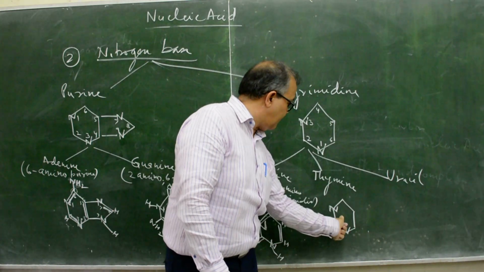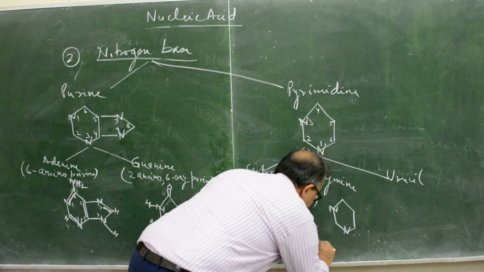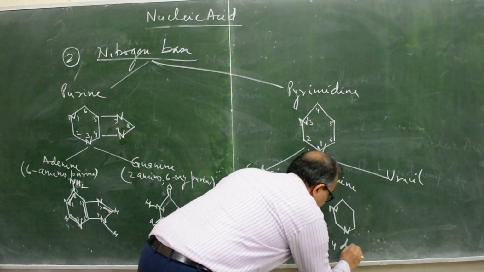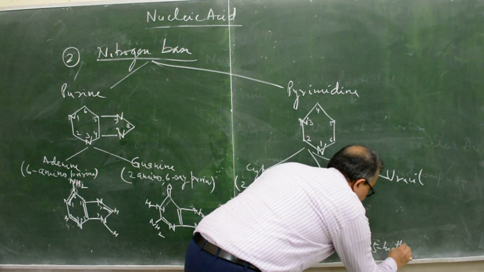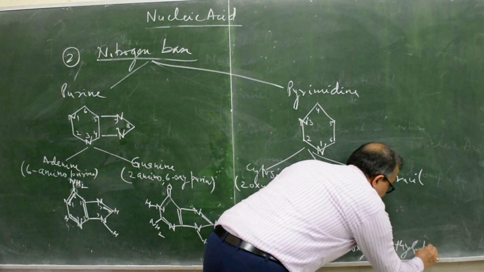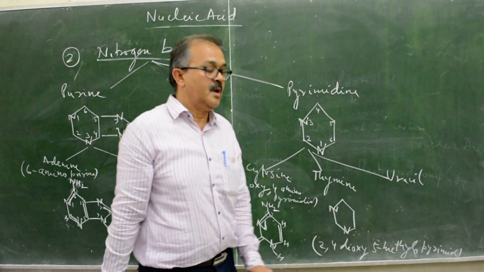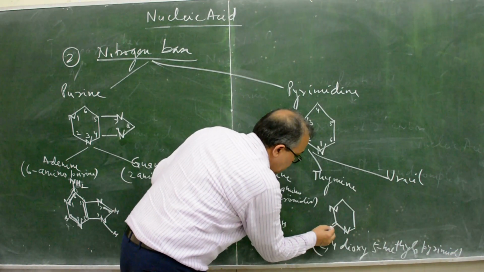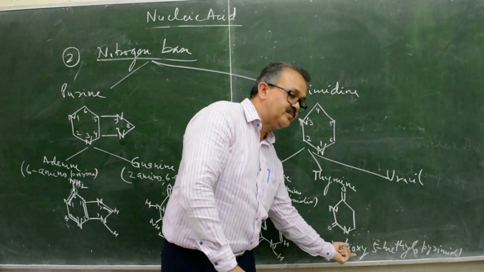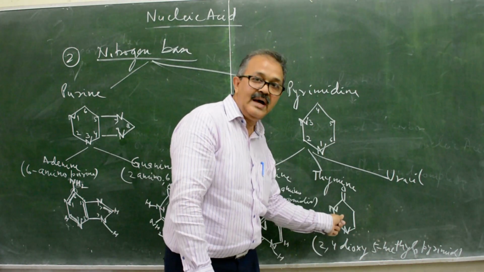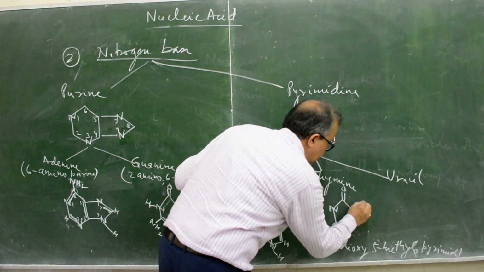In this pyrimidine ring, you have to write 2,4-dioxy, 5-methyl. You have to remember 5-methyl pyrimidine. 2,4-dioxy means two oxy groups are there, and 5-methyl: 1, 2, 3, 4, 5, CH3.